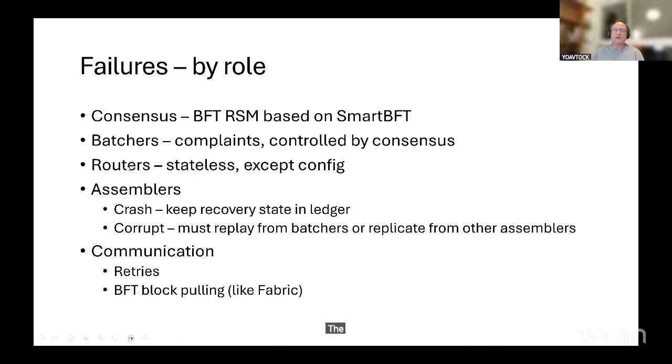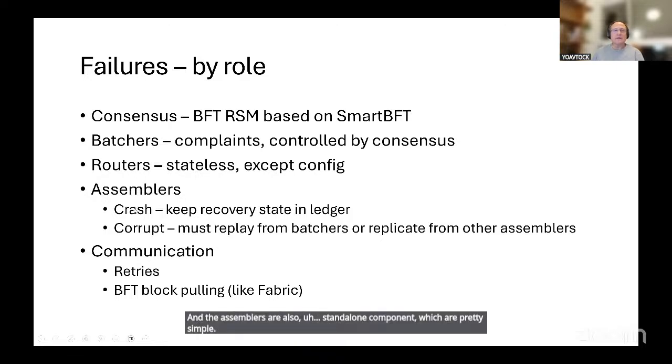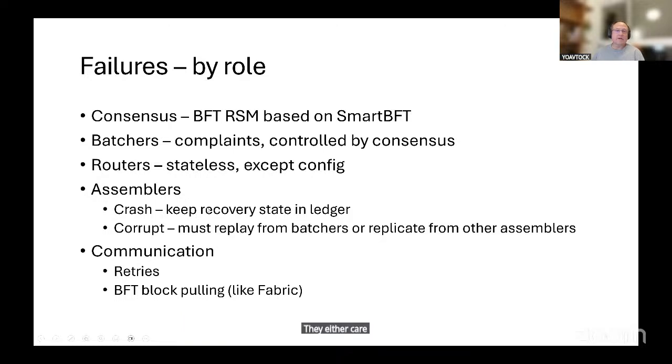The routers are simple components, they are stateless, except for the config. And the assemblers are also standalone components, which are pretty simple. If they crash, they keep recovery state in their ledger. And if they are corrupt, they can be replaced and will replay the collation of batches to digest and reconstitute the state, or they will replicate from other assemblers.